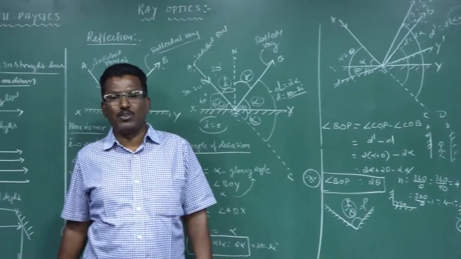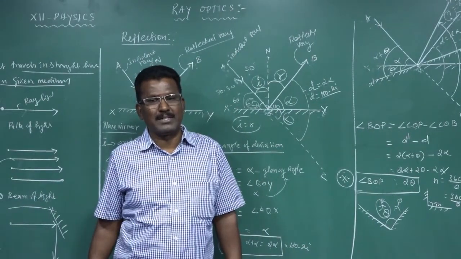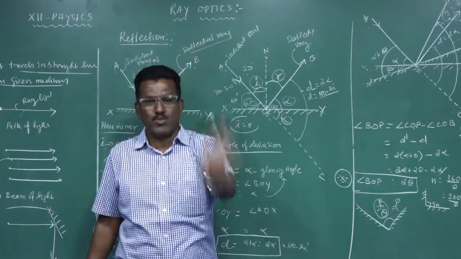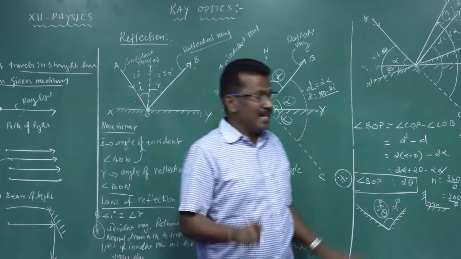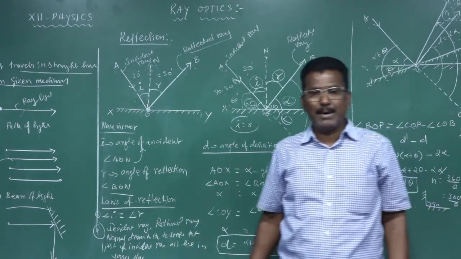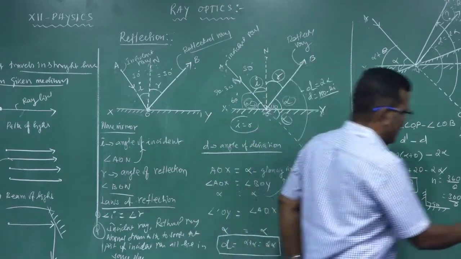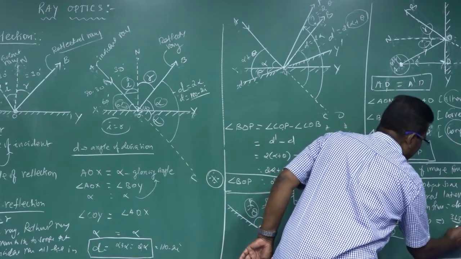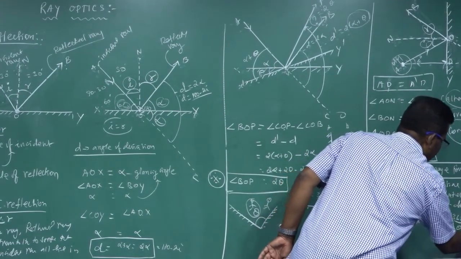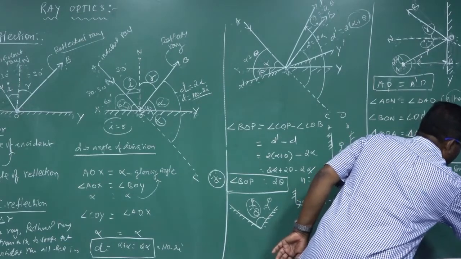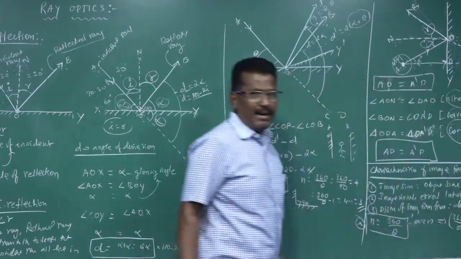So the number of images when two mirrors are kept at a certain angle is 360 by theta minus 1, if 360 by theta is an even number, whether symmetrical or non-symmetrical.